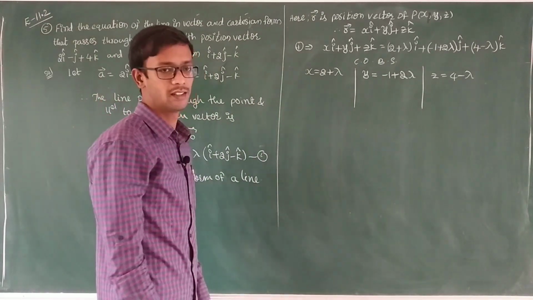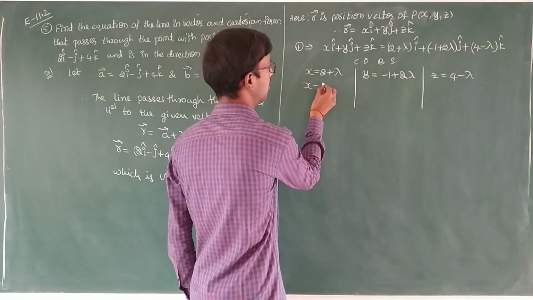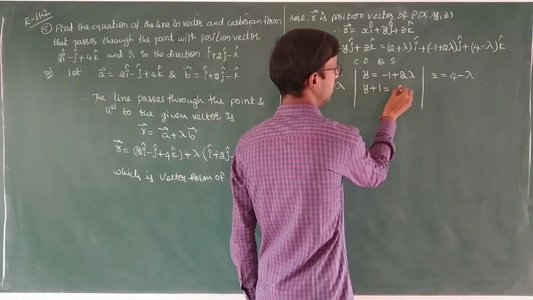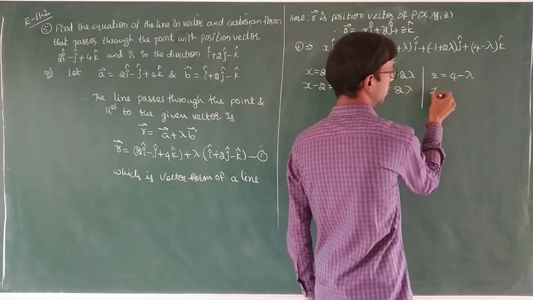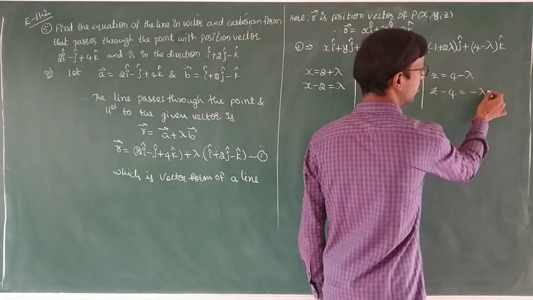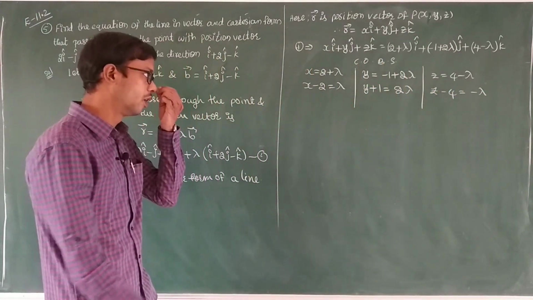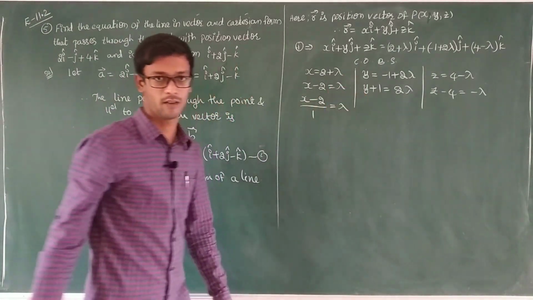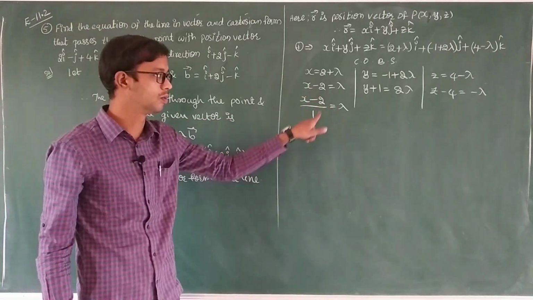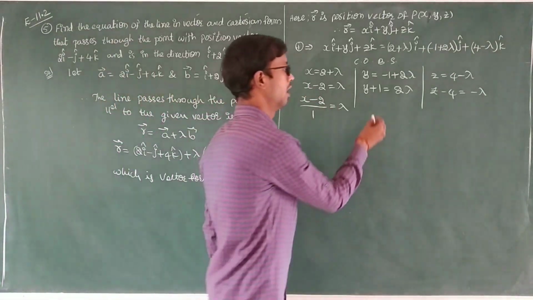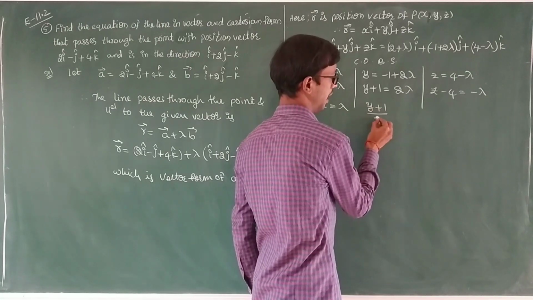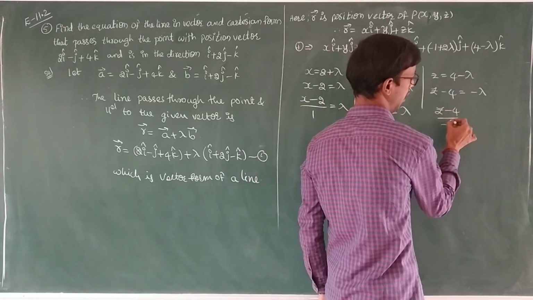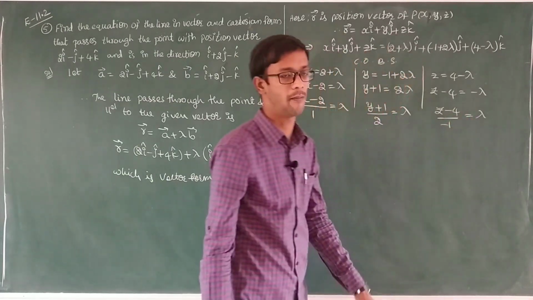So now make the simplifications. x minus 2 is equal to lambda, y plus 1 is equal to 2 lambda, z minus 4 is equal to minus lambda. So we can write (x minus 2) by 1 is equal to lambda, (y plus 1) by 2 is equal to lambda, (z minus 4) by minus 1 is equal to lambda.